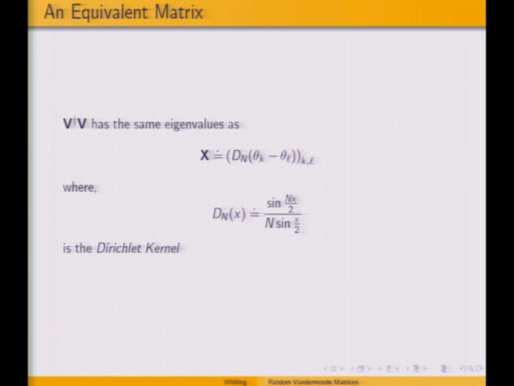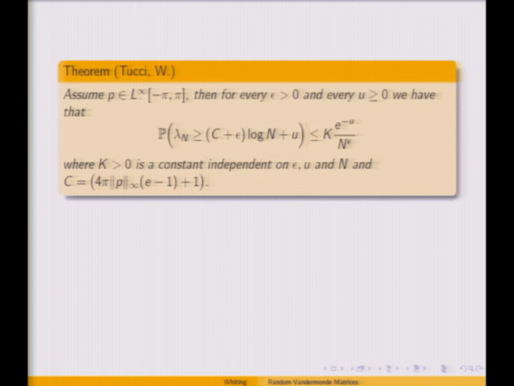This is the Dirichlet kernel, which is well known to be related to Fourier analysis. By fiddling around in a simple way with this matrix, we can show that it has the same eigenvalues as this matrix, where these are the random phase differences that we're using to generate it, and this quantity is the Dirichlet kernel. So one way to understand the maximum eigenvalue is to look at this matrix and see if we can understand it from there.